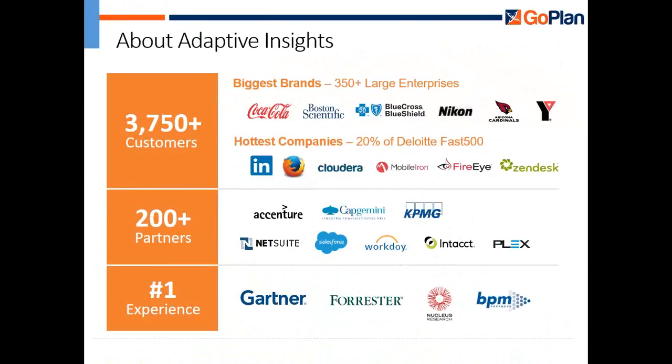The reason why that's important is, and I always tell folks this, there are 3,750 customers, there are 3,750 unique models. So we have no expectation that every business is exactly the same, because they never are, even if they're the same industry. They're always different, which is why we create customized models for every customer out there.